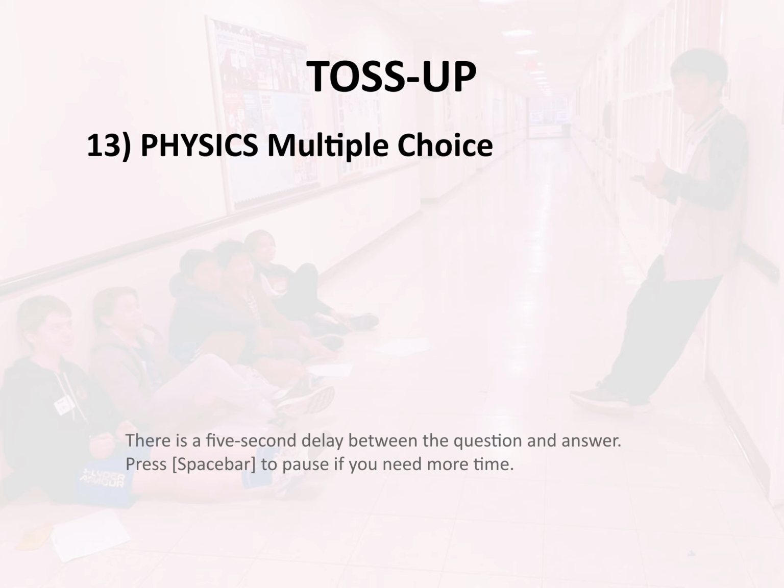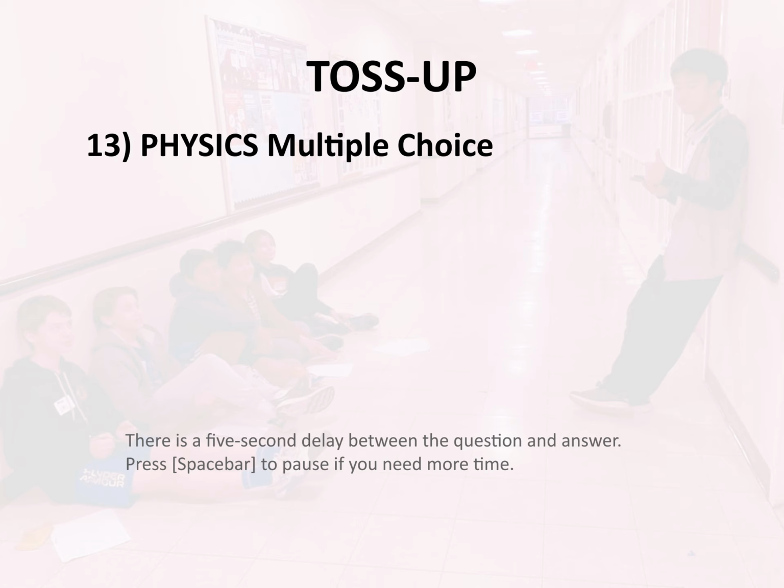Toss-up 13. Physics. Multiple choice. Which of the following is a consequence of Gauss's law for magnetism? W. A changing magnetic flux through a loop creates an electric current around the loop. X. Charges must be moving to produce magnetic fields.